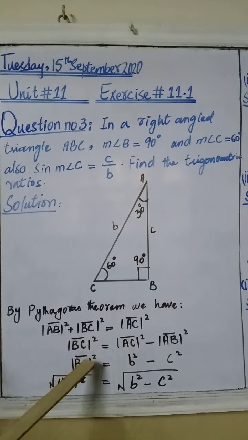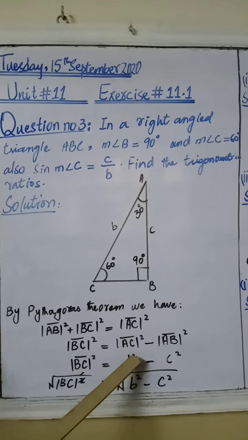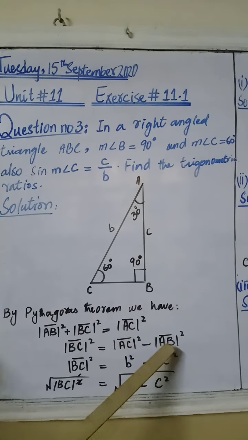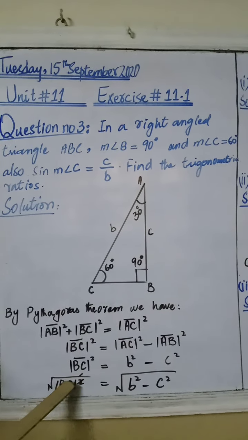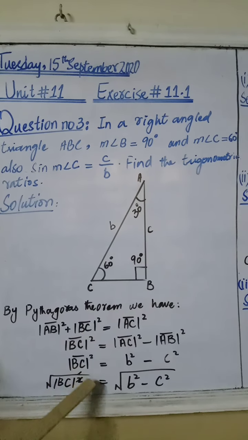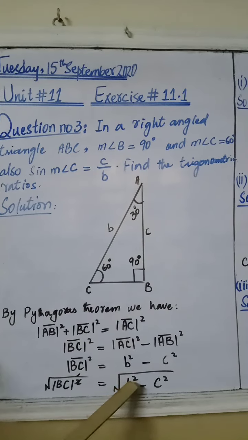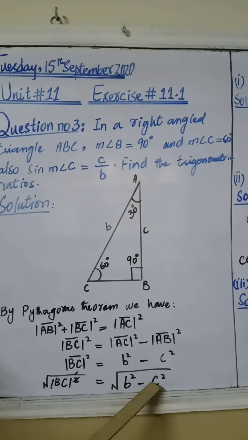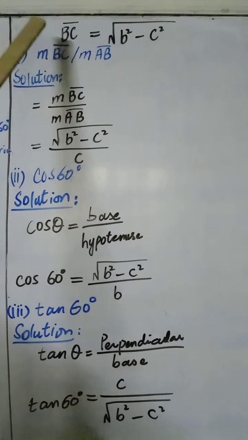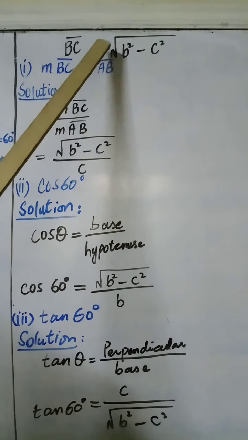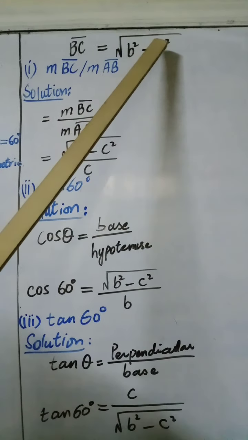By putting in the values, BC square is equal to b square minus c square. Now by taking the square root, the square cancels with the square root, and BC is equal to the square root of b square minus c square.